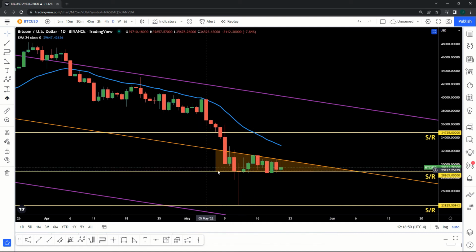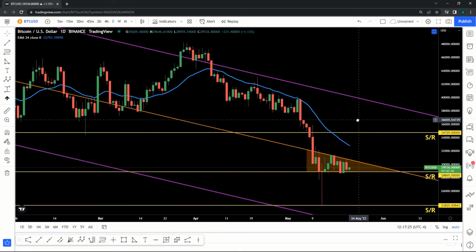So here we have support and price is getting squeezed by the regression channel's support resistance level, that orange band running down the center of the regression channel. So if price continues to range and gets squeezed, then we might see that retest, or I think this has a higher probability of breaking towards the upside, retesting 34,000 over the next few days, maybe 2 weeks or so.